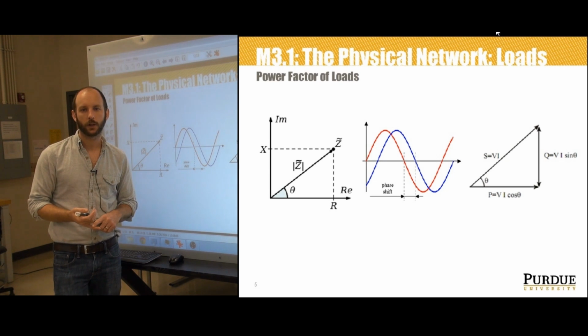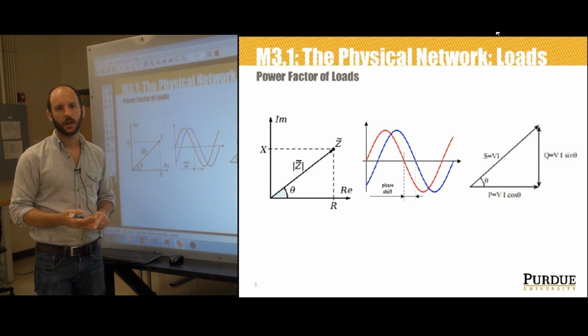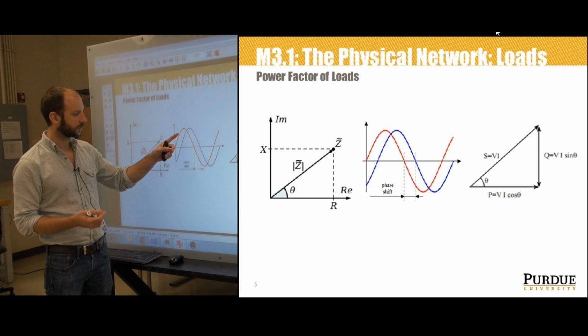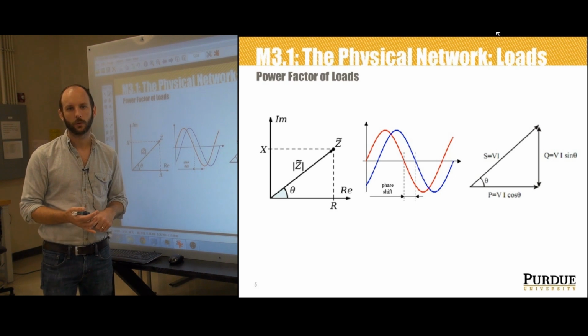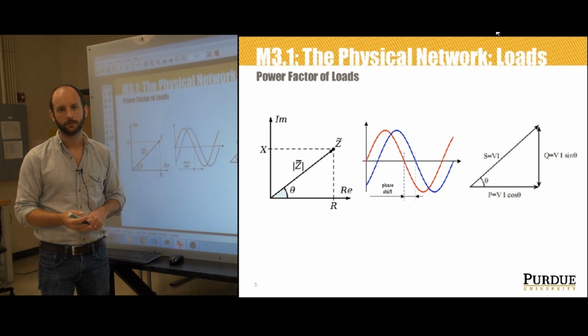Since the impedance of a load is a complex number, it can be drawn as a vector in the imaginary plane, as we're showing here. And due to this complex nature, in general, a phase shift will exist between the voltage and the current waveforms. And there will be a time angle between them.